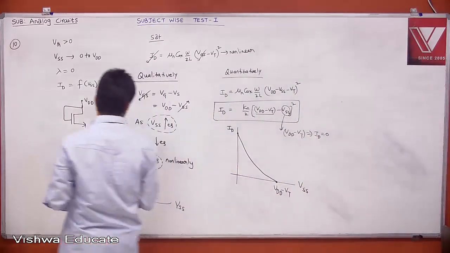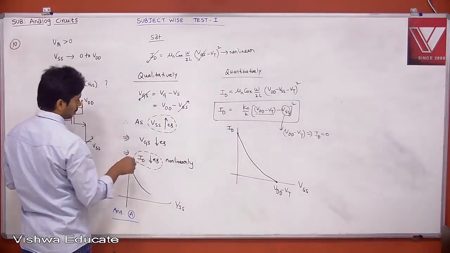This is what we are trying to analyze. VGS decreases, your ID also decreases.